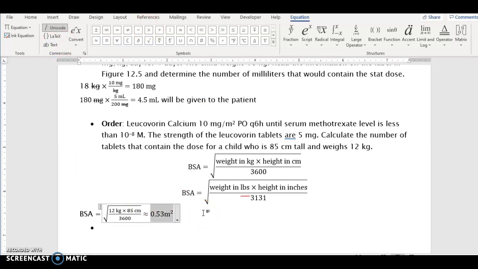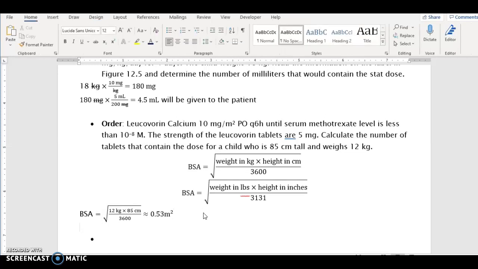Then we're going to take that body surface area and multiply by the 10 milligrams per meter squared.